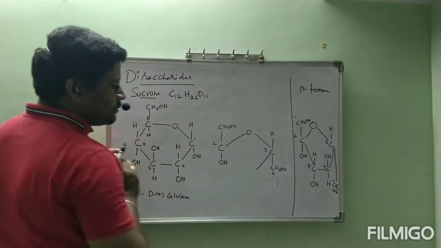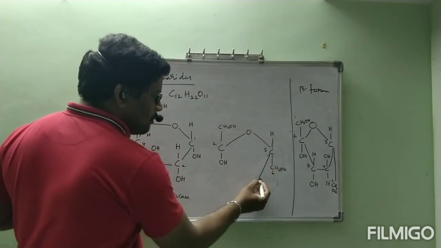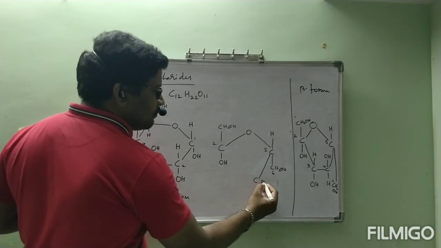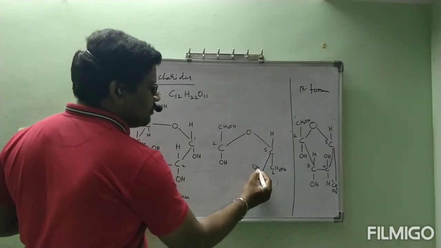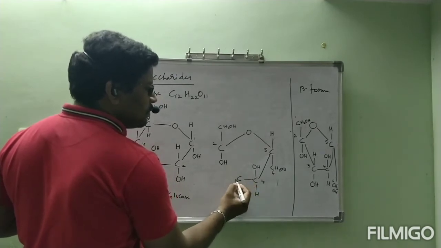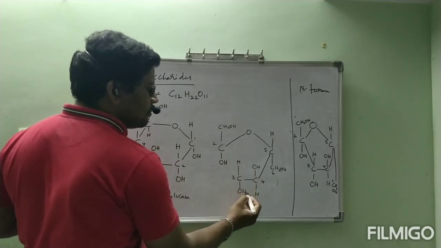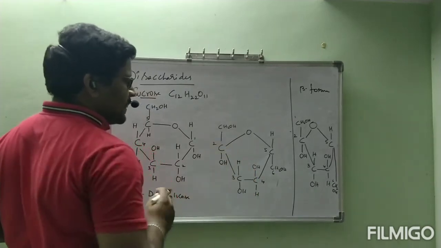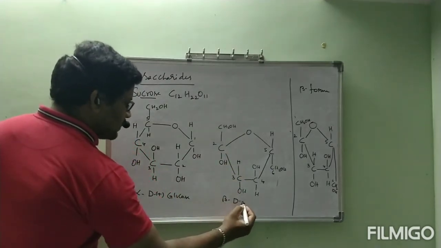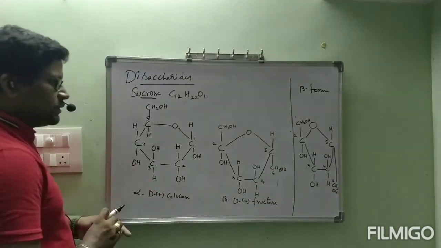Fifth carbon is bonded to fourth carbon, OH above, H below. Third carbon, H above, OH below, and this is bonded. Okay, this is beta capital D minus fructose.